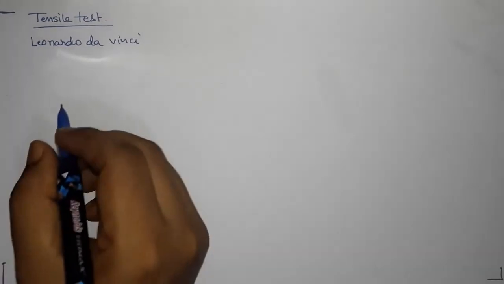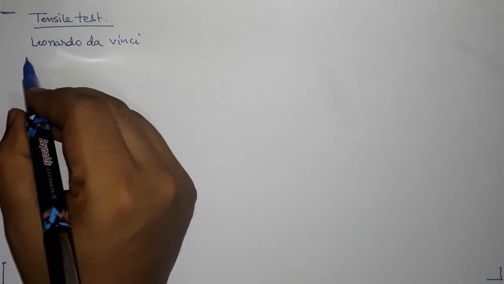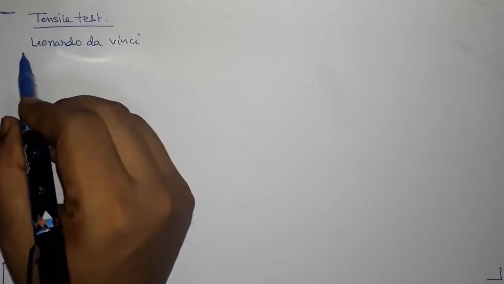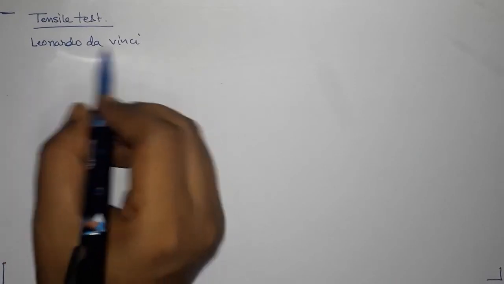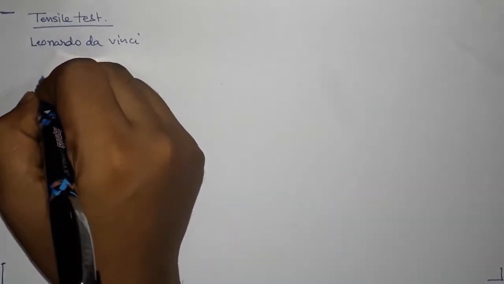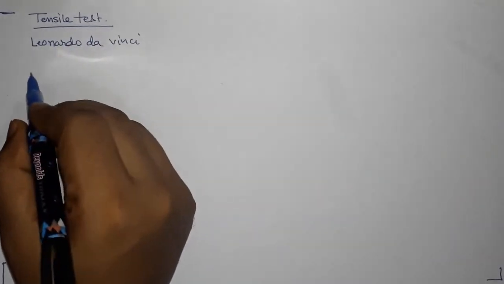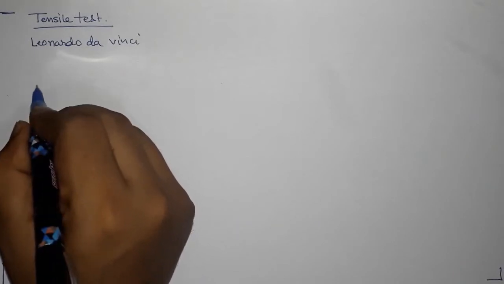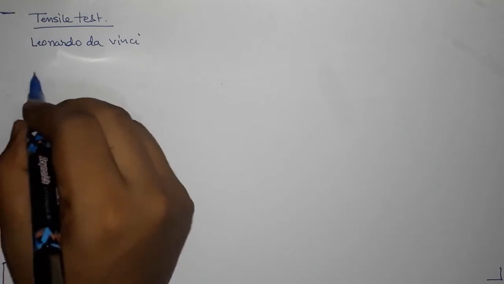But we can make an accurate guess that tensile testing must have been much older than the time of Da Vinci. We have discussed this in one of the tutorials also, but we will revive that again.